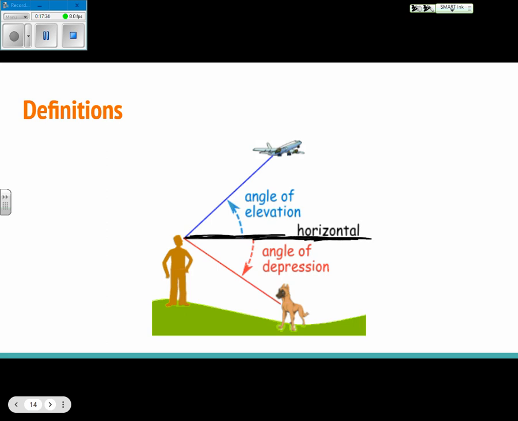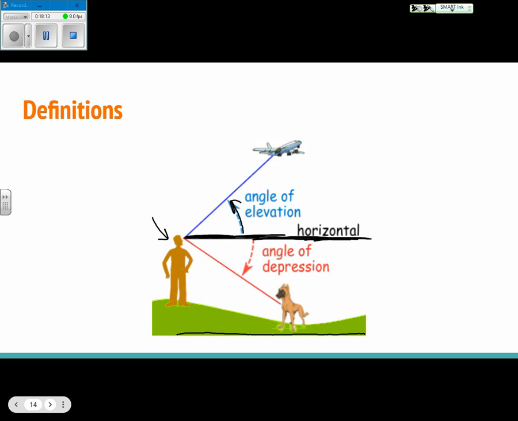There's going to be a horizontal line that's usually a person's line of sight, or the ground, like we'll see here in just a little bit. Whenever I'm talking about angle of elevation, I'm looking like this guy's looking up at an airplane. He's looking at something that is above his line of sight, his sight line right there. So he's looking up at the airplane, and that's causing this angle to go in a positive direction and move upwards.